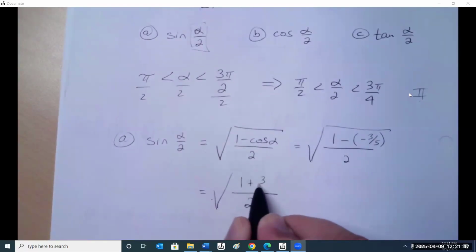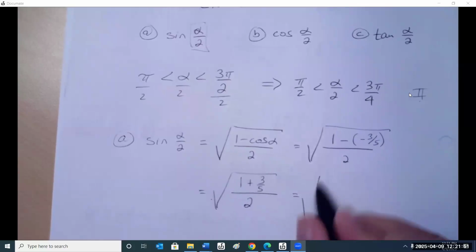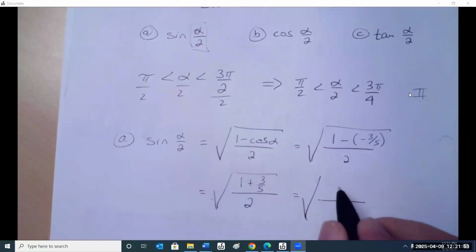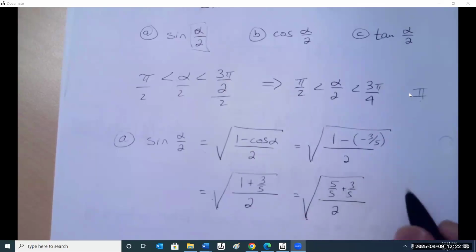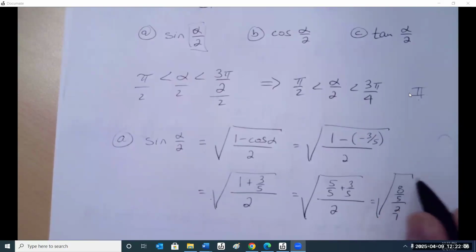One plus 3 over 5. So it's 5 over 5 plus 3 over 5. 8 over 5 over 2 over 1.